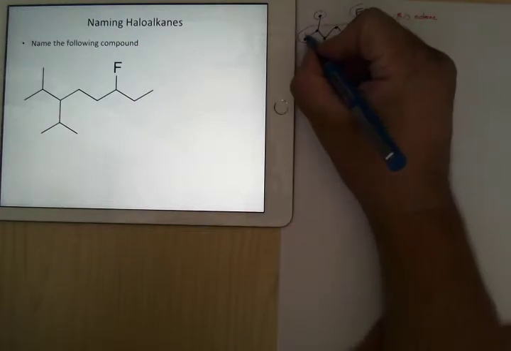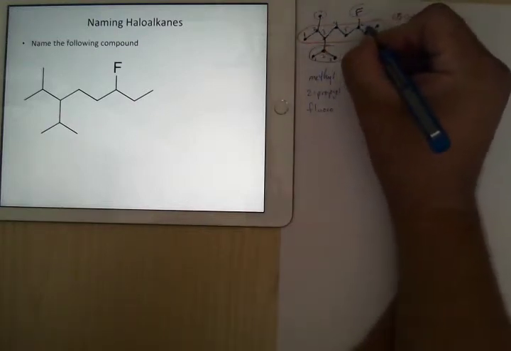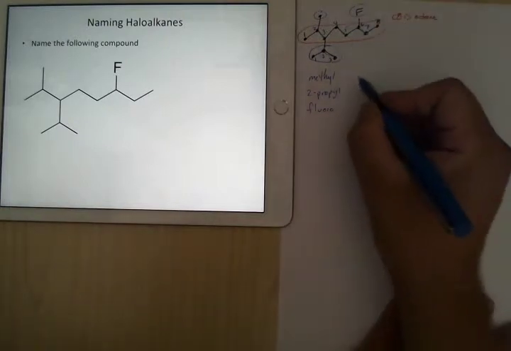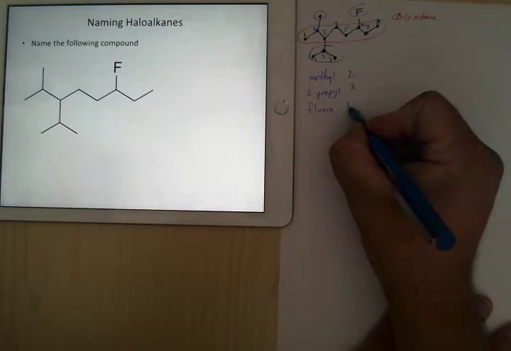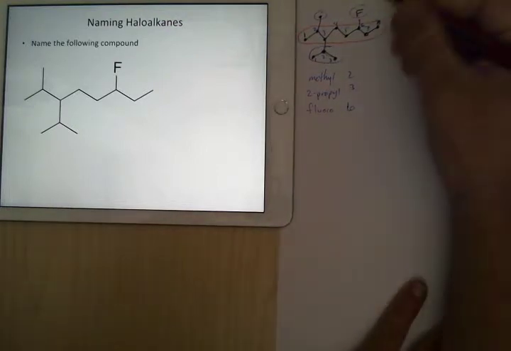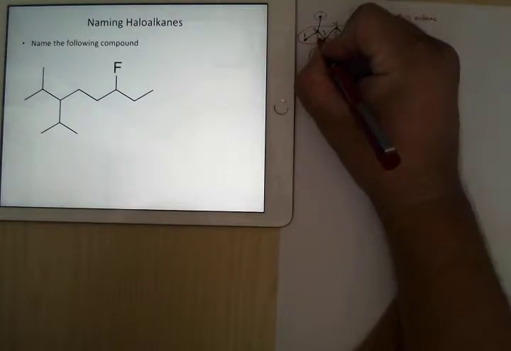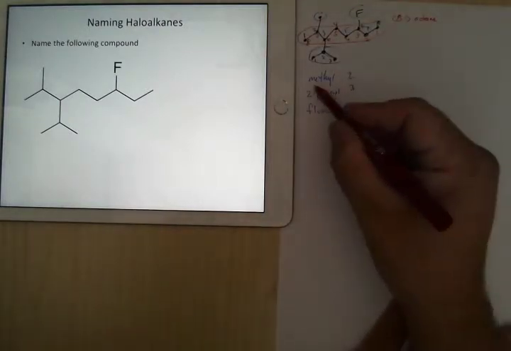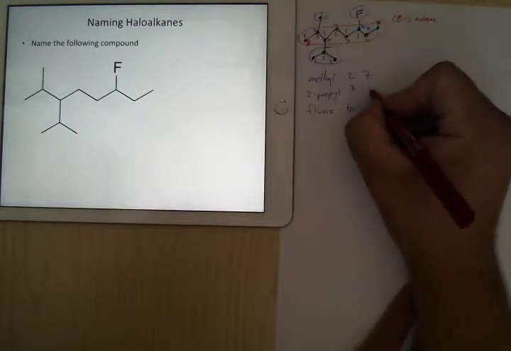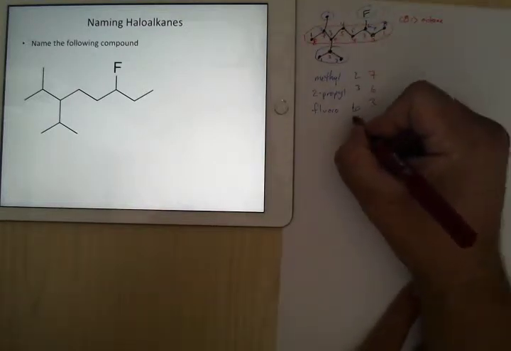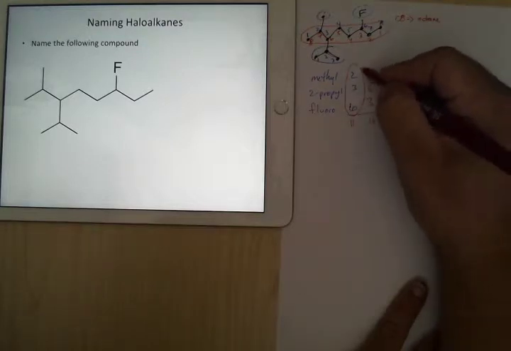If we start at this end, there's 1, 2, 3, 4, 5, 6, 7, 8, so it's 2, 3, 6. If we go from this side, it'd be 1, 2, 3, 4, 5, 6, 7, 8, so the methyl is hanging off at 7, this is at 6, this is at 3. So this is 11, this is 16, so we're going to pick these numbers here.